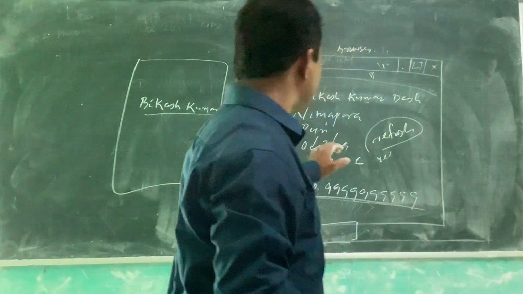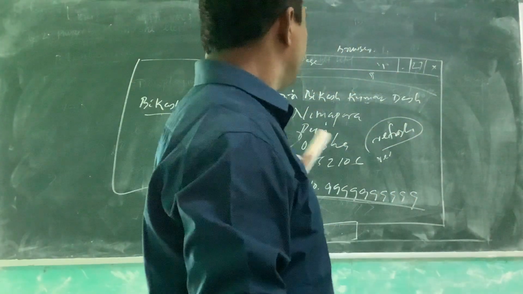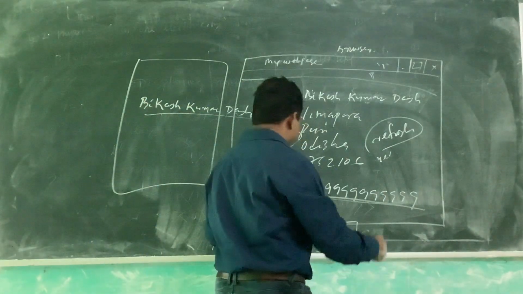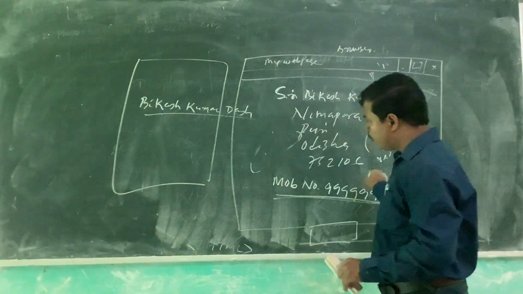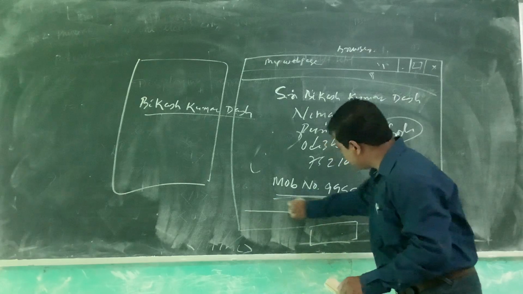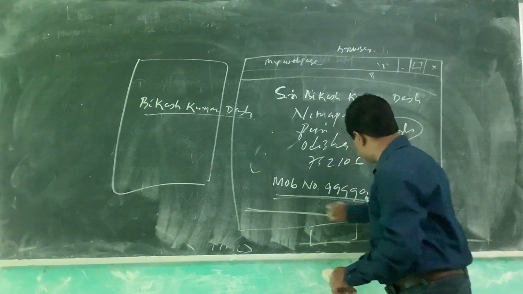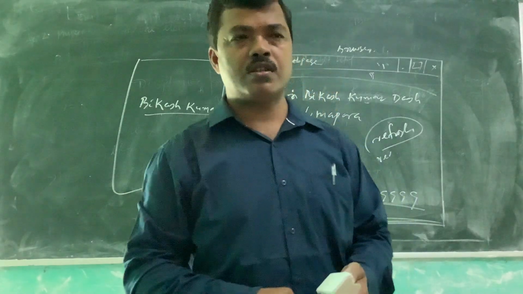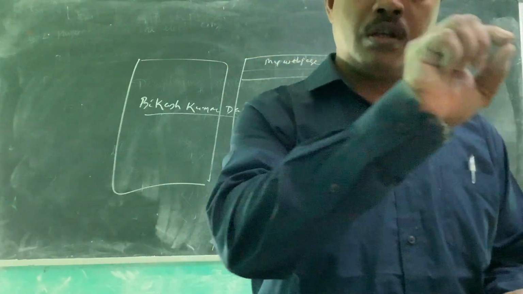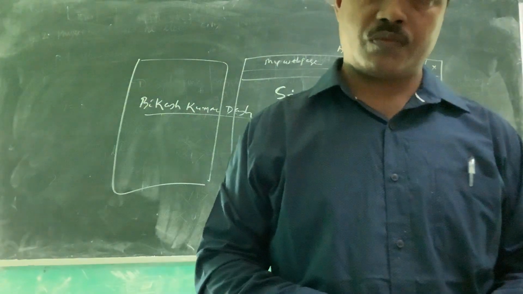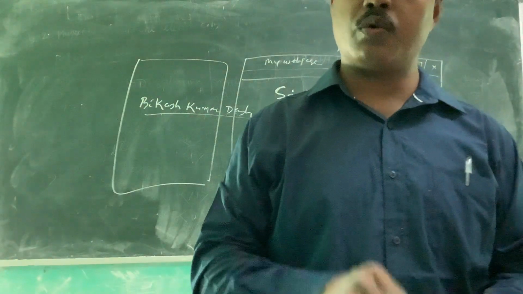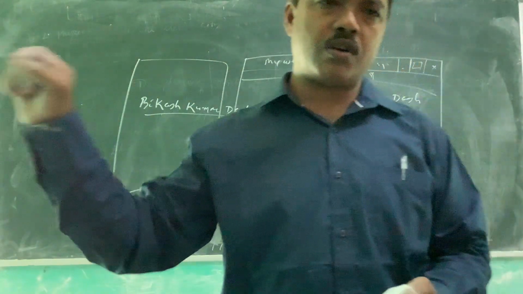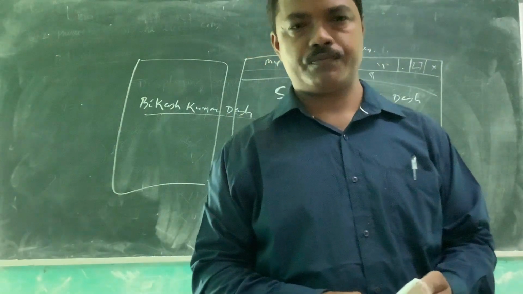Okay, finally let me do one thing. Suppose after displaying mobile number, we want a horizontal line, just like when we complete the answers of a question, we note down or we stroke a line.